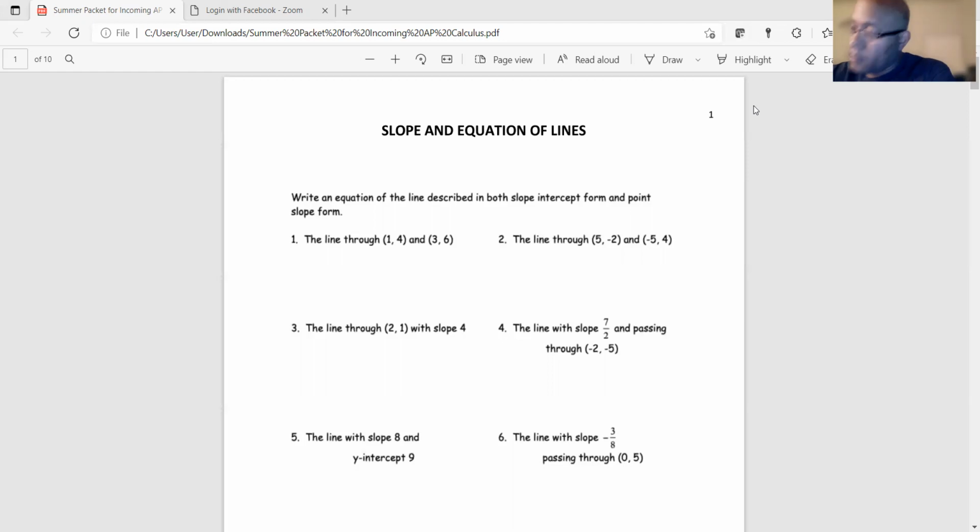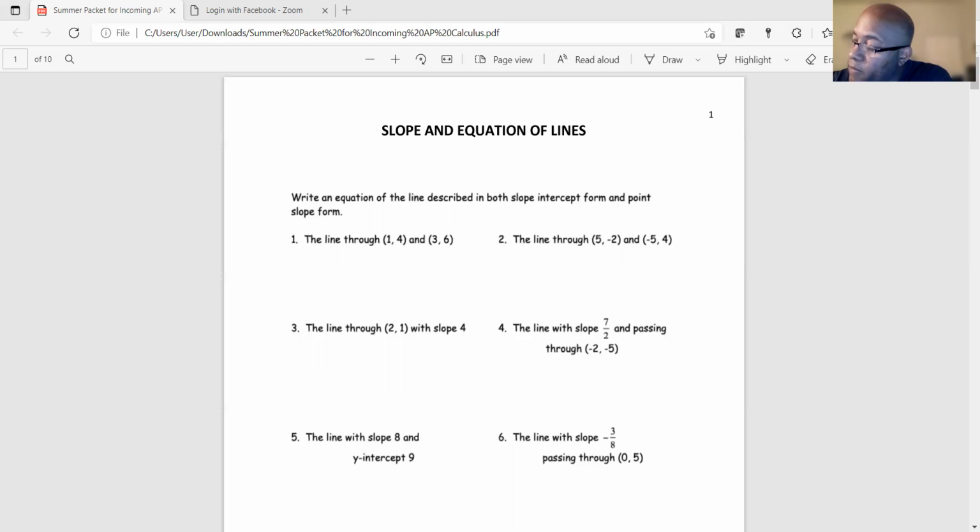All right. 5, -2, and -5, 4. And the problem says they want you to write the equation of the line described in both slope-intercept form and point-slope form.